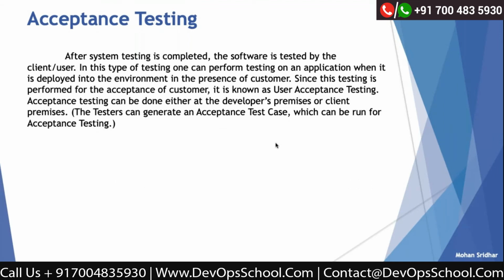Acceptance testing is like user acceptance testing. After testing is completed, the software is tested by the client user. But before we hand it over to the client user, we do one round of smoke test to ensure the deployment is correct and all the dependencies are deployed correctly.